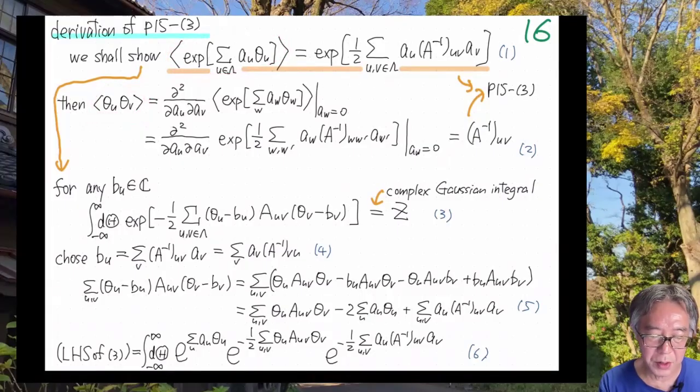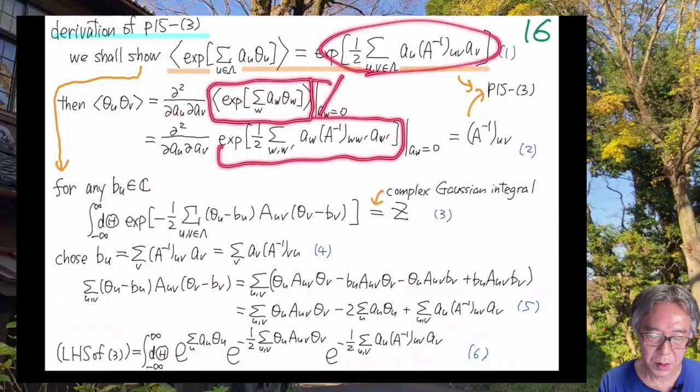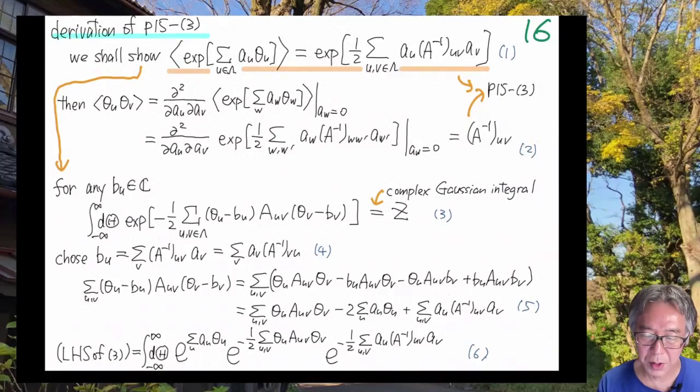You assume these AU and AV are real variables, and you differentiate this with respect to AU and AV, and finally set all A to be 0. Then by differentiation, theta U and theta V come down, and by setting A equals 0, this goes to 1, and you get this equality. Here you use this, and you just compute, and you note that since A is real symmetric, A inverse is also real symmetric.